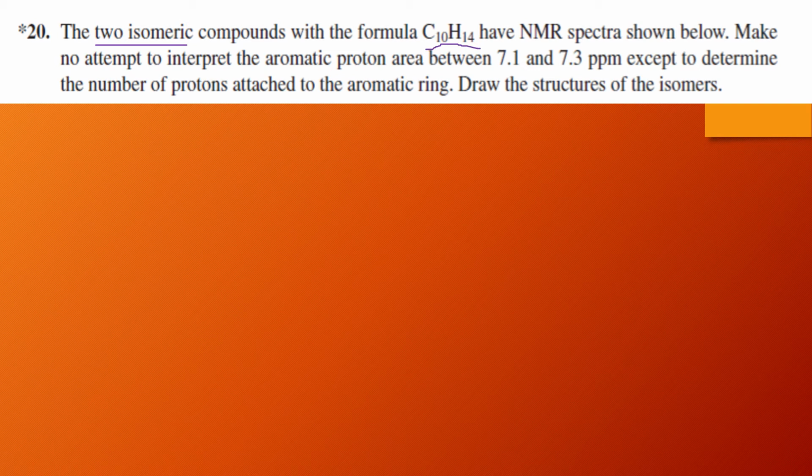It means that this is totally a hydrocarbon having carbon and hydrogen, right? There are no other functional groups. NMR spectra are shown here. Make no attempt to interpret the aromatic proton area between 7.1 and 7.3 ppm except to determine the number of protons attached to the aromatic ring. Draw the structure of the isomers.